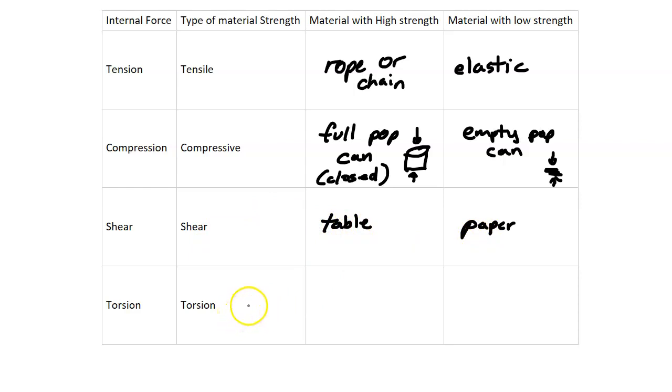Torsion forces, things that we have a difficult time twisting. This might be something, let's say, like a metal rod. We have a tough time twisting a metal rod. If we have a metal rod here and we try to twist it at the ends, like this and like this, we're going to have a tough time with it.